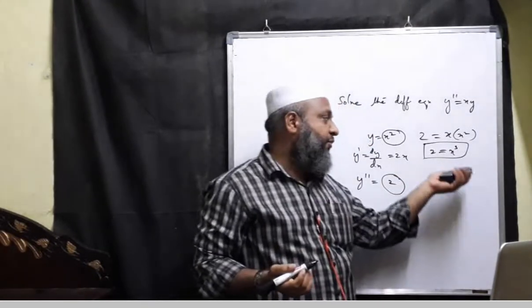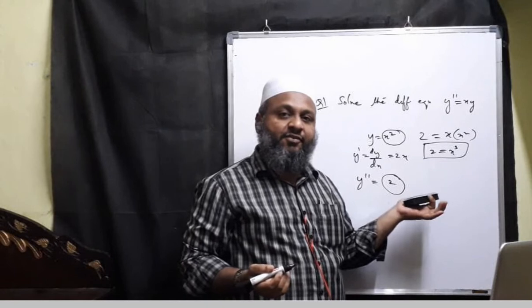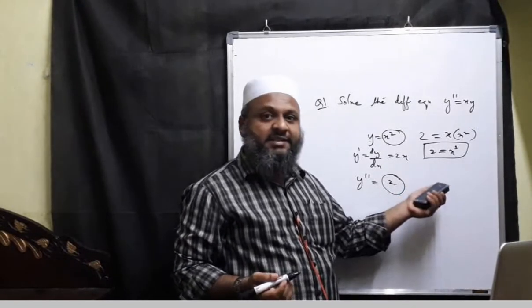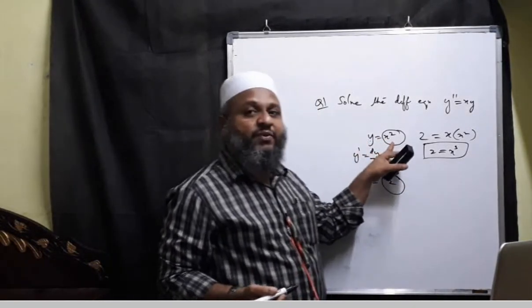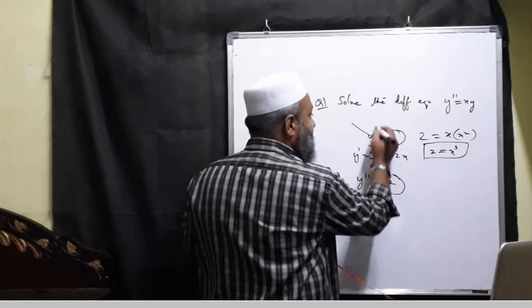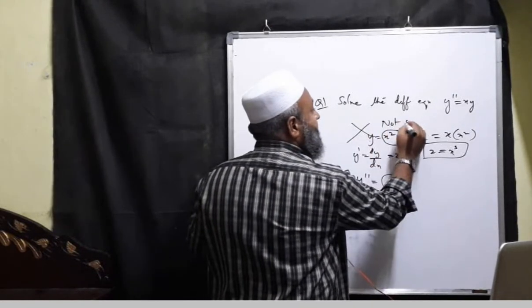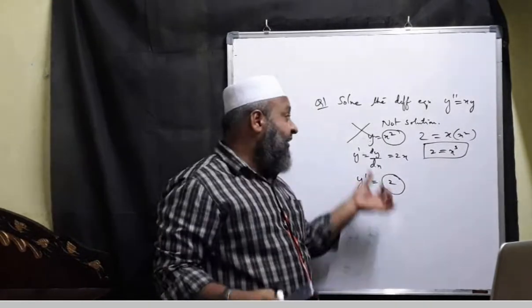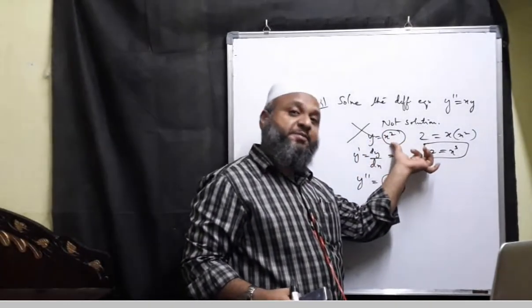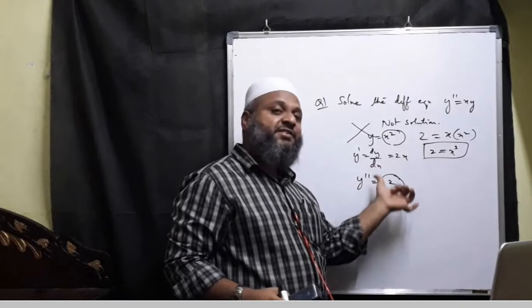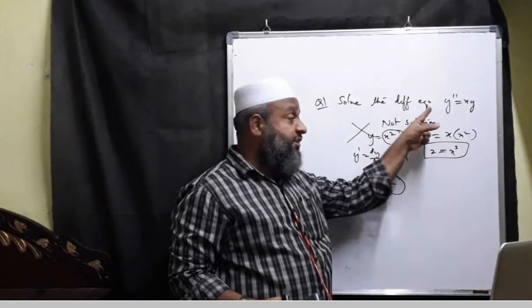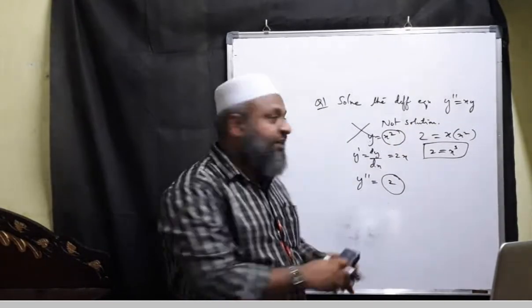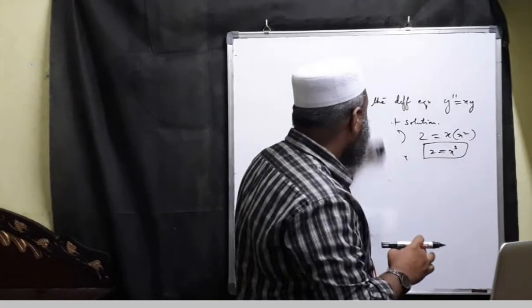No, it will be true only for some selected values of x, and hence y equal to x square is not a solution. Now we need some value of y in terms of x such that if we calculate the first derivative and the second derivative and substitute in the differential equation, it should satisfy. So it is not a solution.